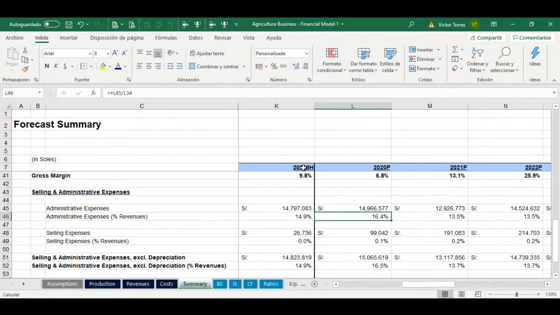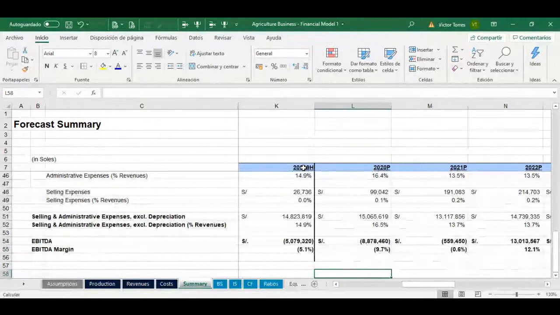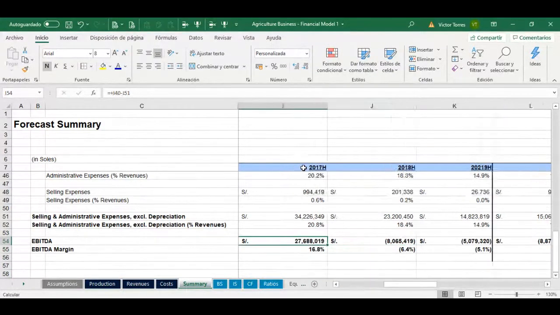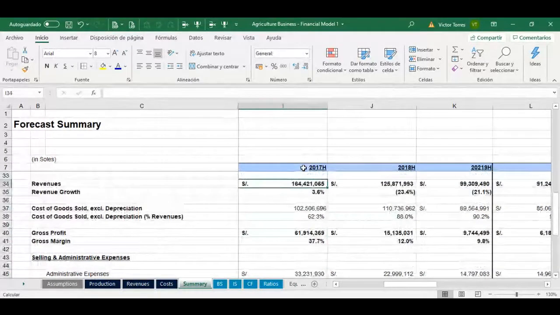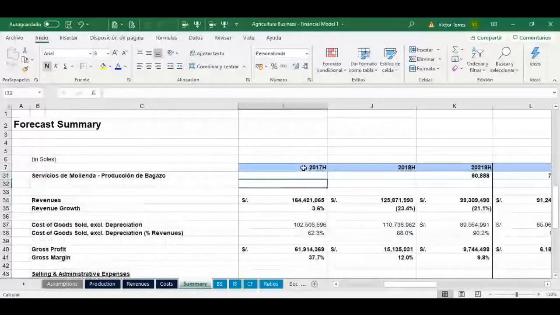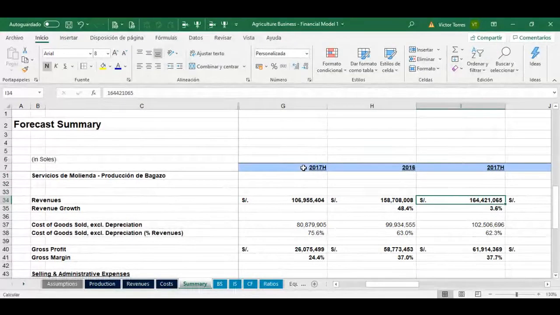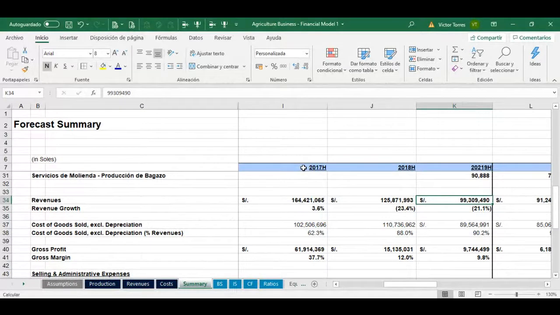Okay, we are putting here once again in the summary the administrative and selling expenses, excluding depreciation, to come up with our EBITDA margin. Sorry that I didn't highlight it before, but the company, as you can observe, started with middle-sized revenue, skyrocketed, and then started dropping in 2019.